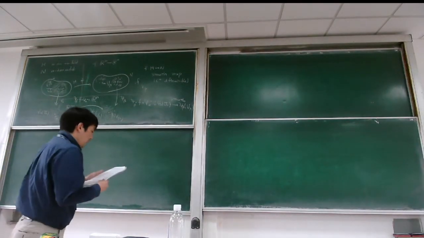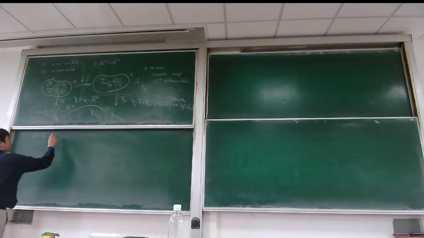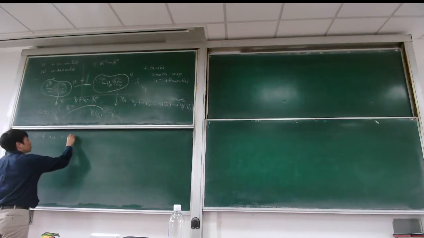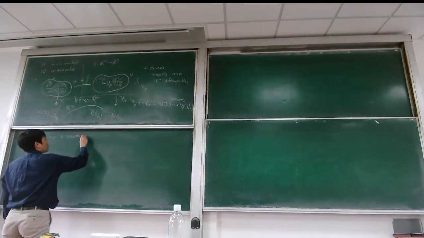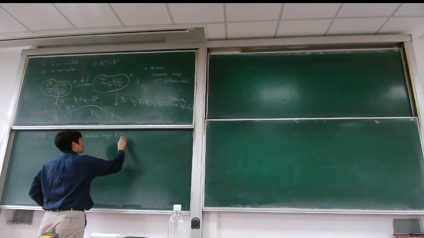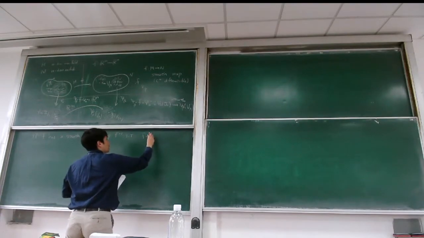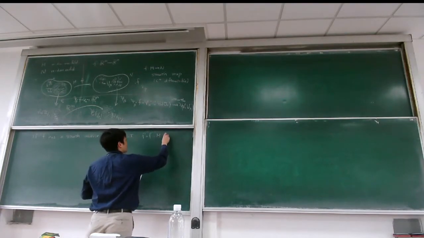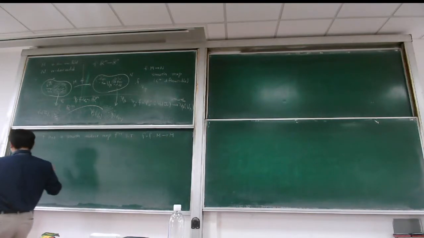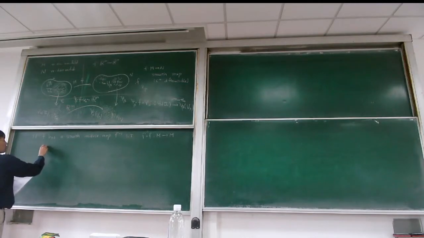And in particular, if f has a smooth inverse map F inverse, such that, of course, the composition F dot F inverse, F inverse is n goes to m, and of course, n goes to n, and F inverse is n goes to m.